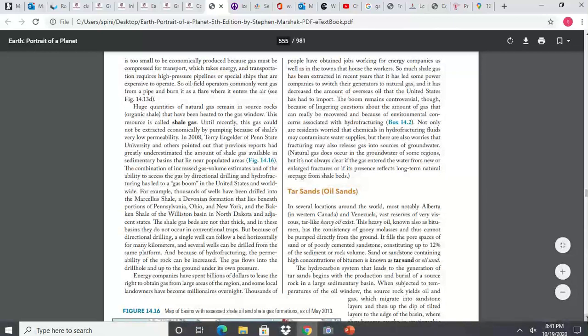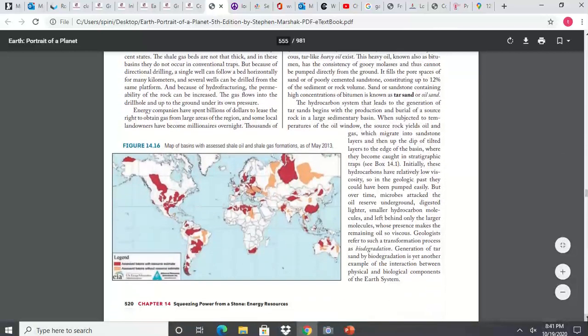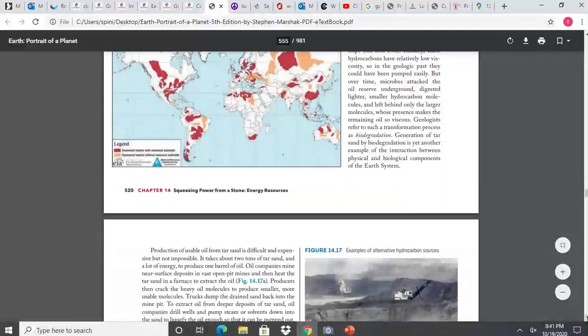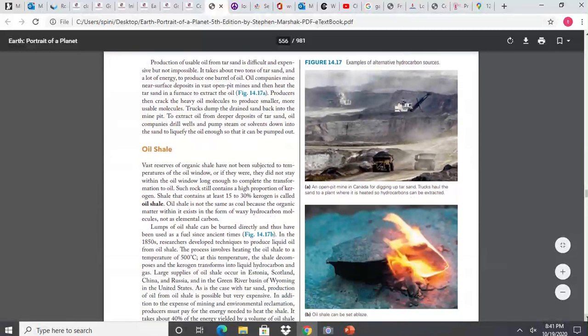That gas has gotten into their well water, right? And when they turn on their kitchen faucet, they can literally set their kitchen faucet on fire with a match because there's so much gas coming out. So it's kind of a bad thing if we don't do it properly, and we've not been doing it properly. So it's kind of a problem.